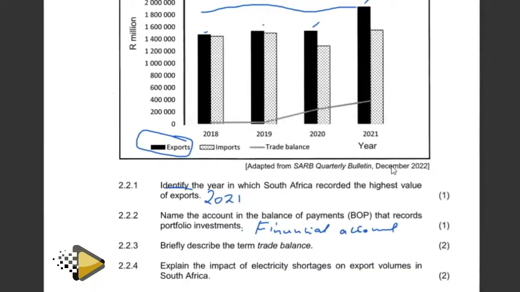Under this balance of payments, we record the transactions that are in line with the exports and imports of goods and services among different countries. So under this balance of payments, we have different accounts that record different transactions. We have the likes of the current account, the financial account, and we also have the capital transfer account.